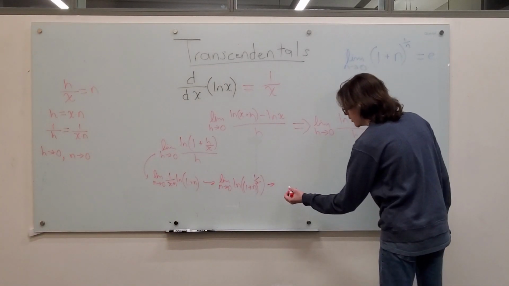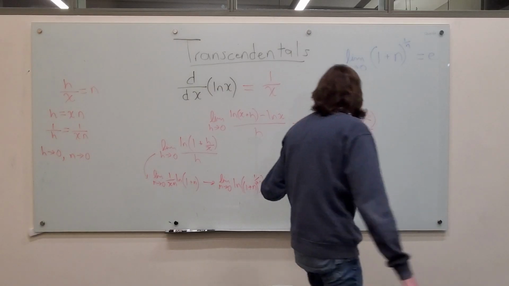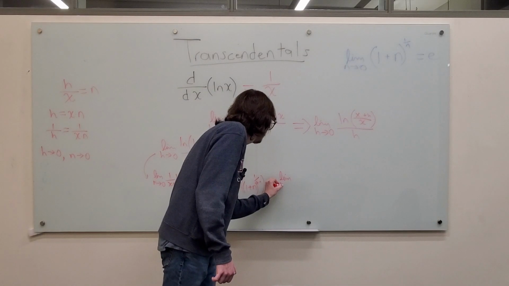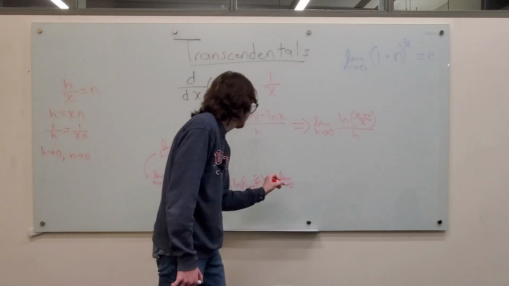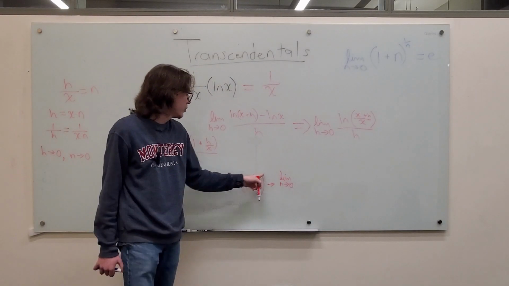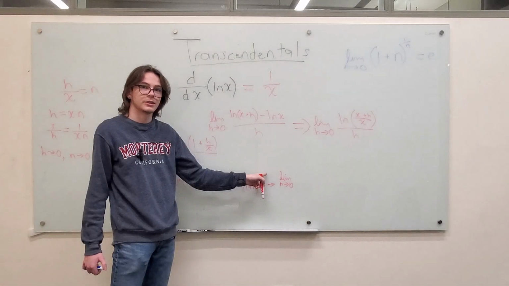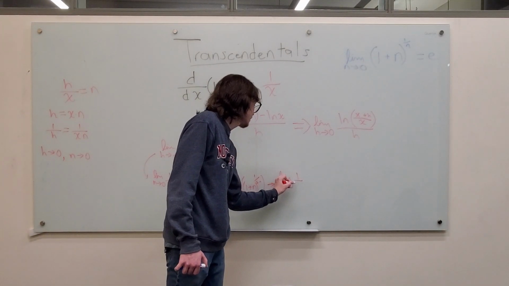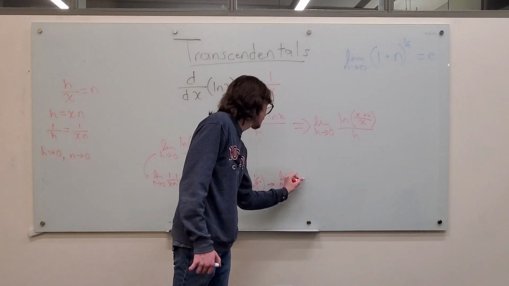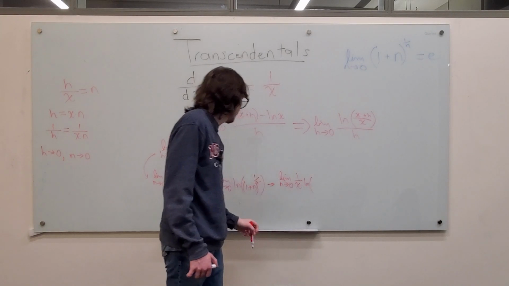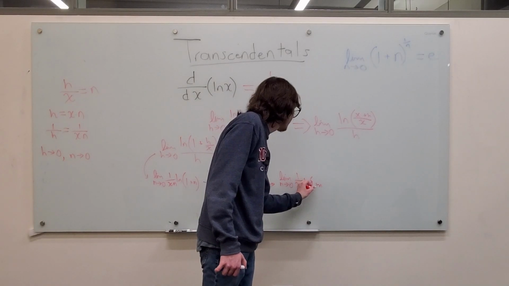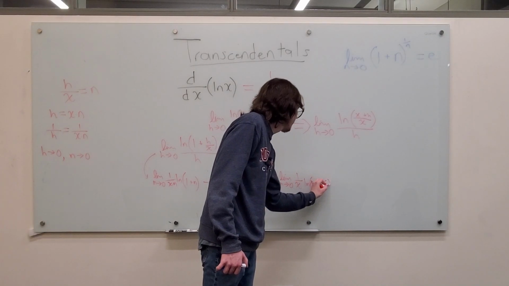Once again, we will get the limit as n goes to 0. When we pull this 1 over x out, it goes as another exponent, which we can take back to the front. So the limit as n goes to 0, 1 over x times the natural log of 1 plus n all to the 1 over n.